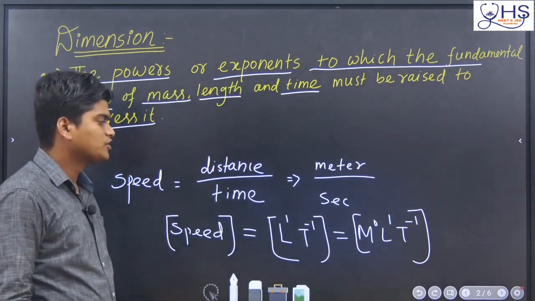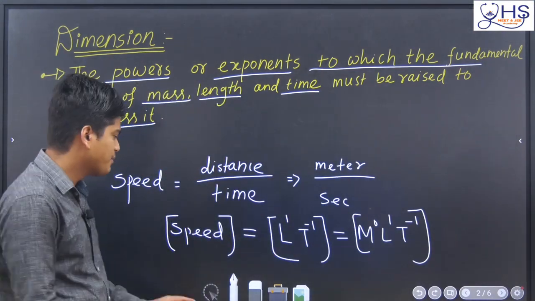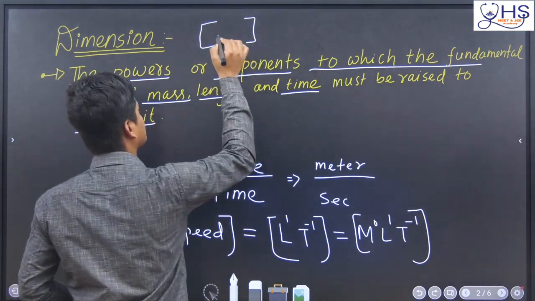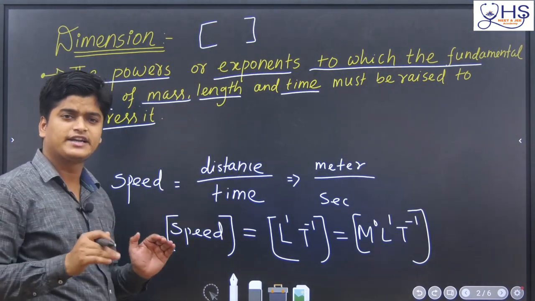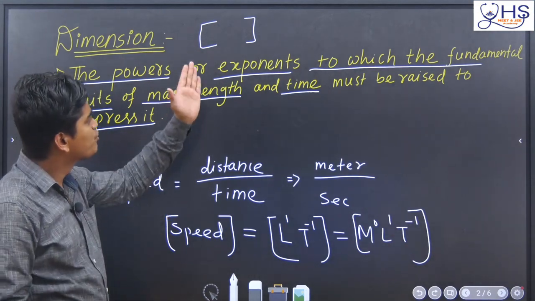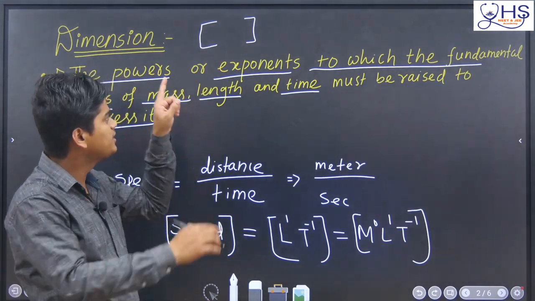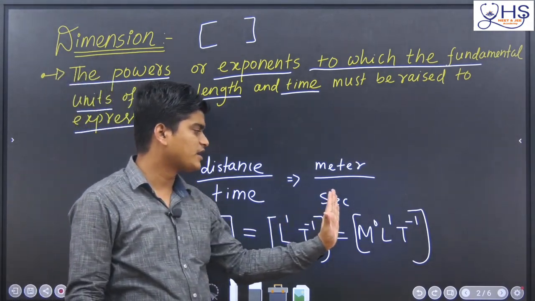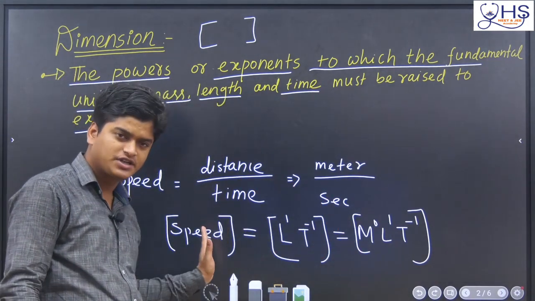So, this is the dimension of speed, and remember the bracket you are writing is called the symbol of the dimension. When writing the dimension of any physical quantity, you put that physical quantity in brackets and give it a dimension symbol like this. Then you can understand how many times mass, L and T occur in that physical quantity.